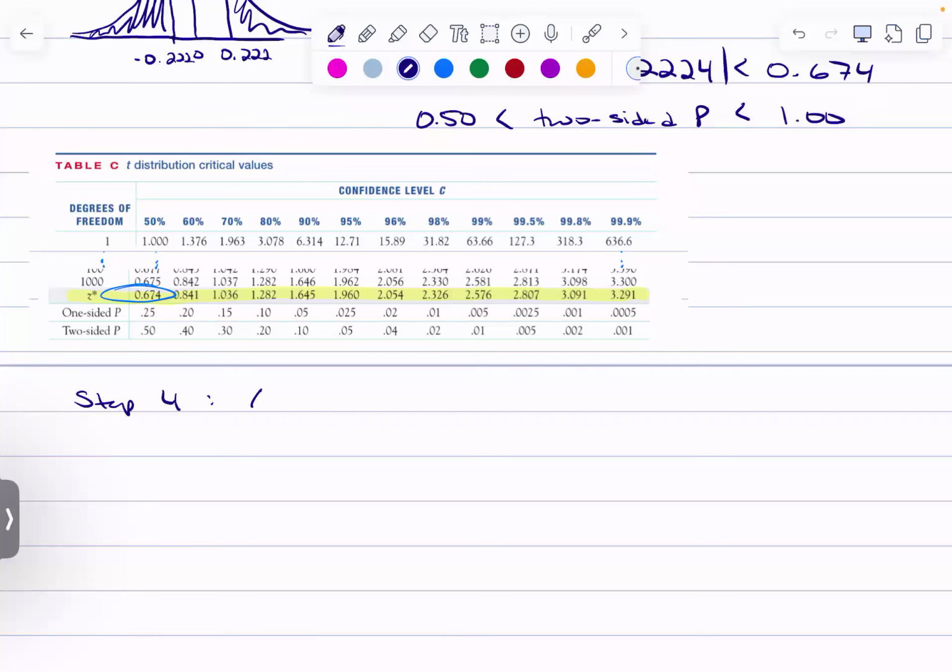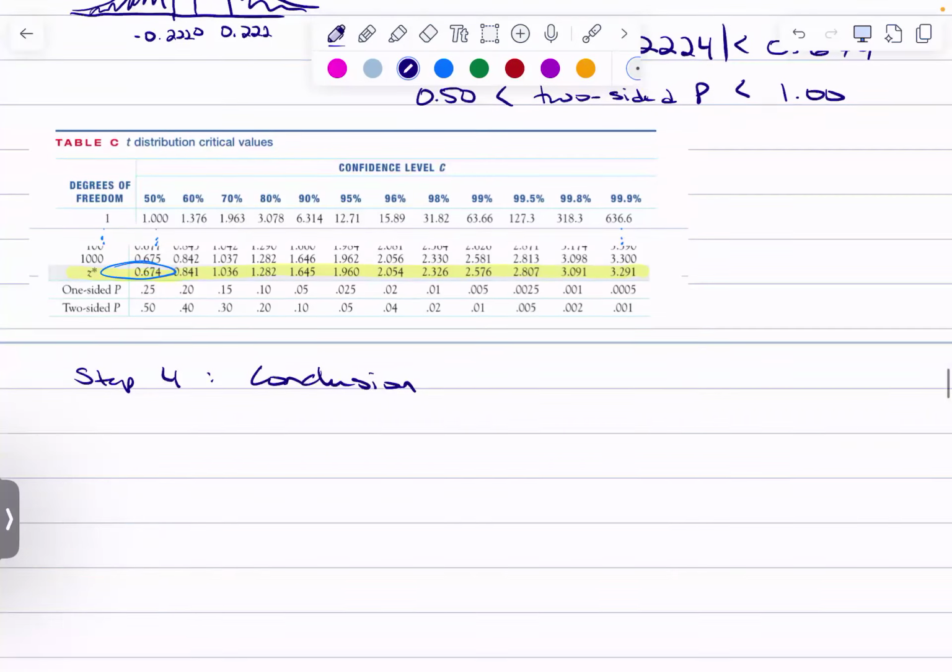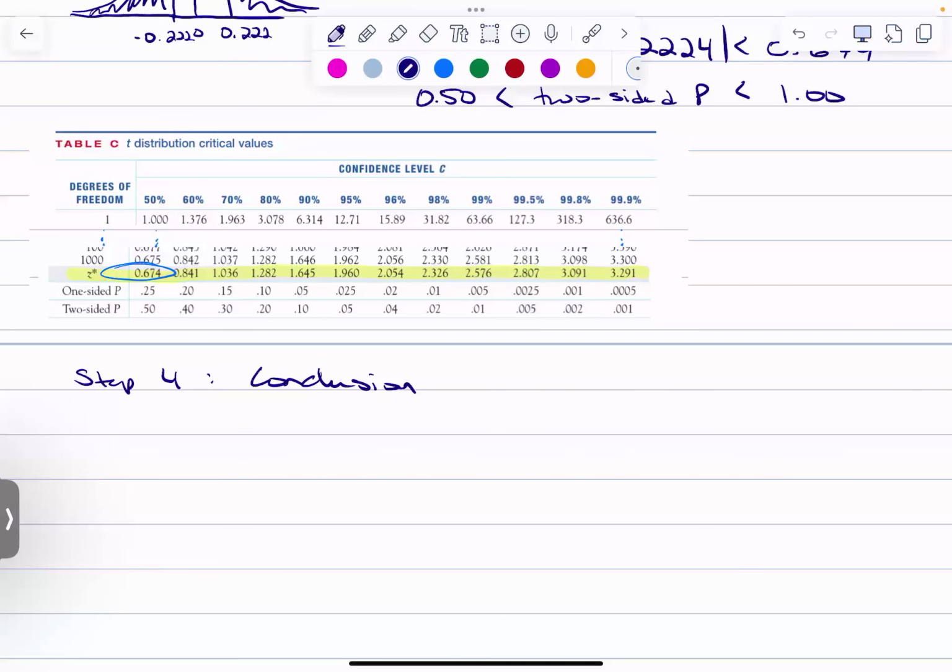Step 4 is our conclusion. Same 3 parts. You say what your p-value is, and whether it's less than or not less than the alpha level. We can use an alpha level of 0.1 to match our 90% confidence interval. Why does that match?